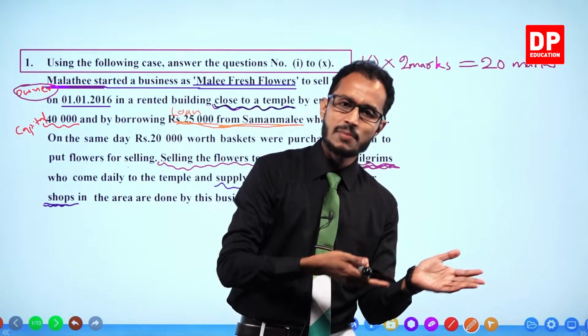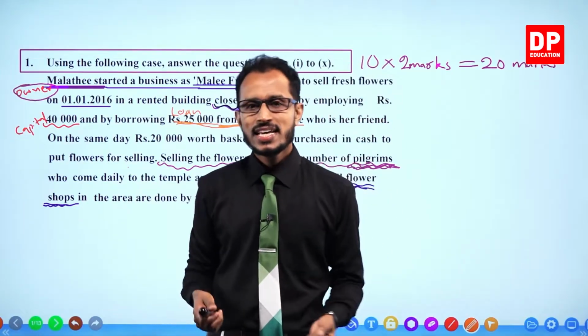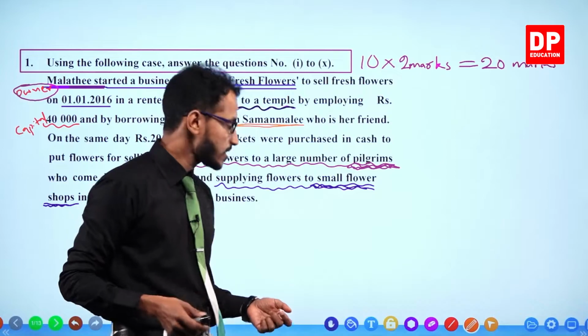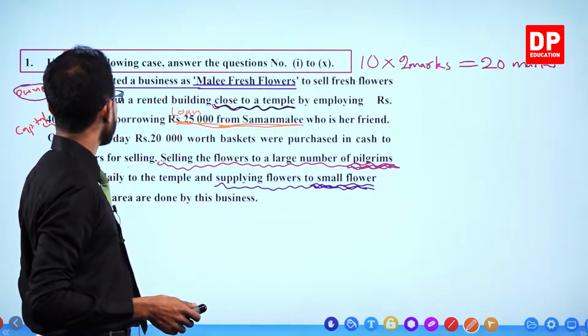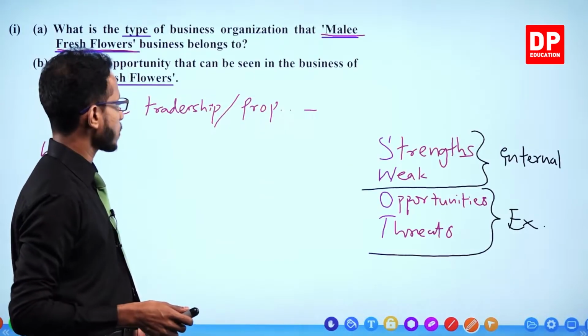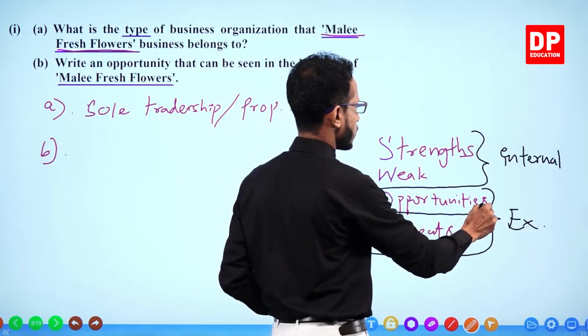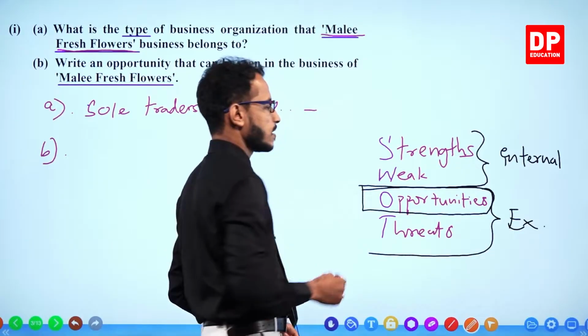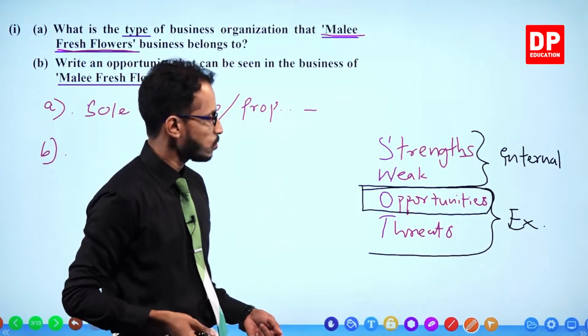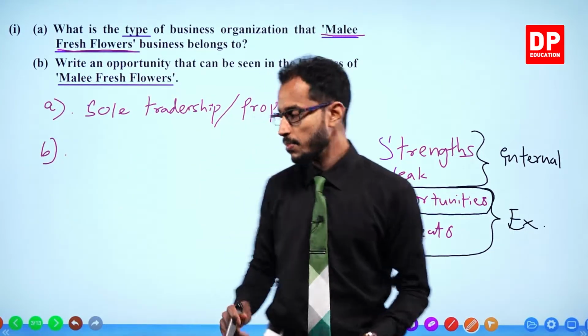So in the external environment, the main opportunity the business has is the temple. That's right.